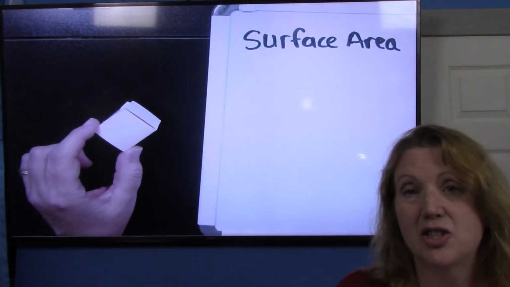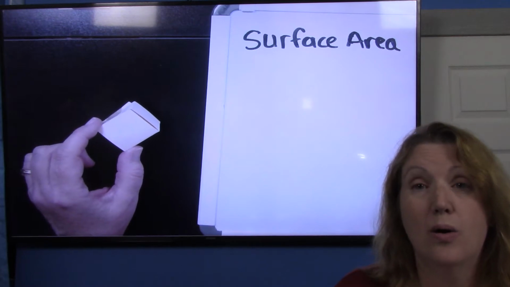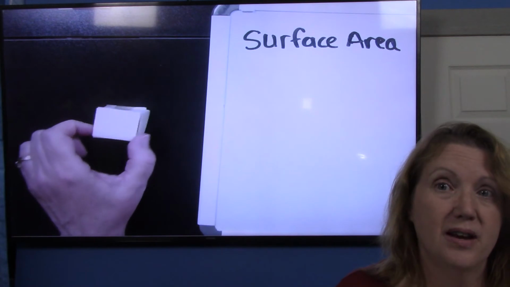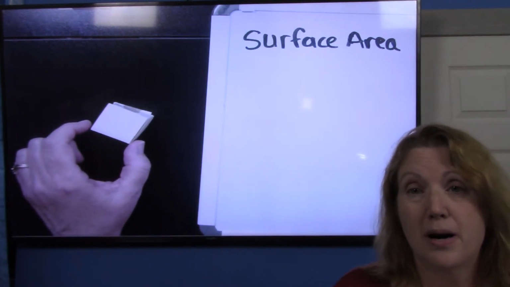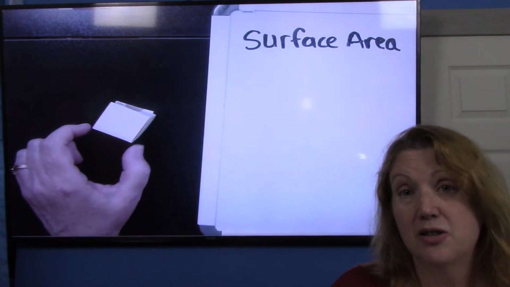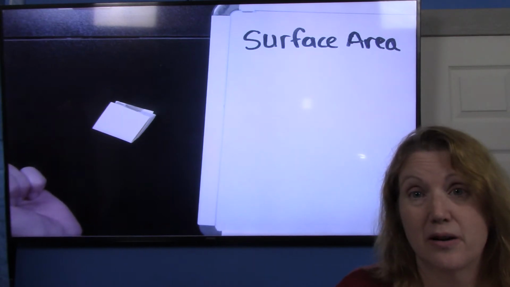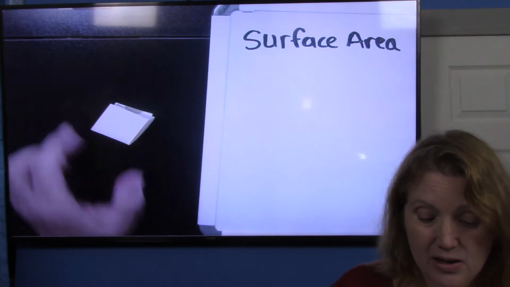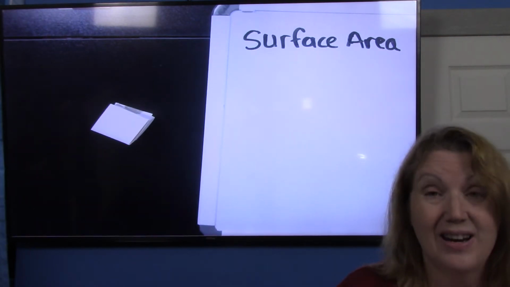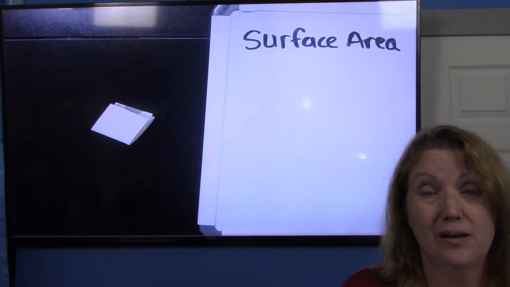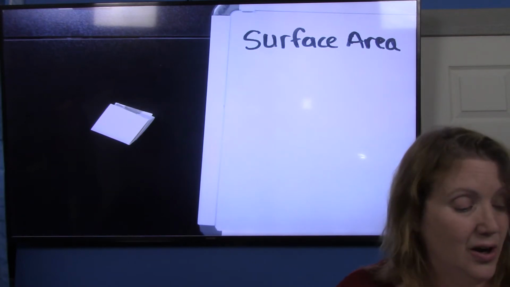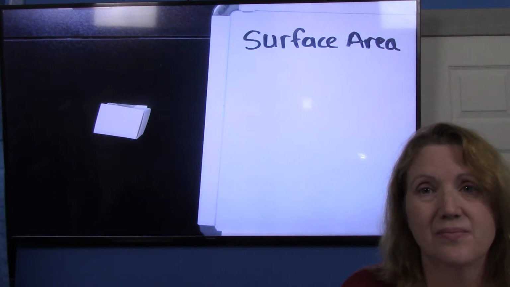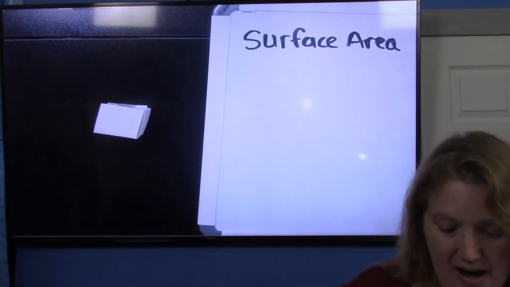Maybe I need to make a chest to keep my tools in, or maybe I need to make a square for some craft that I'm doing, or possibly I'm an engineer and I need to make a square and I need to know how much material I'll need to make it. So we need to figure out how much material we would need, or at least know how much paint we would need to maybe cover all the sides. So how would we do that?